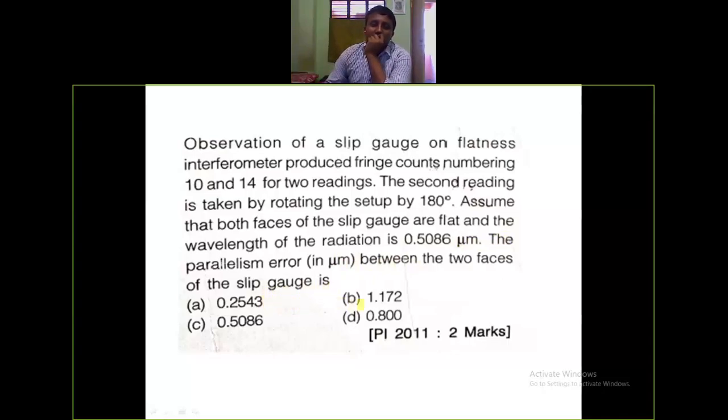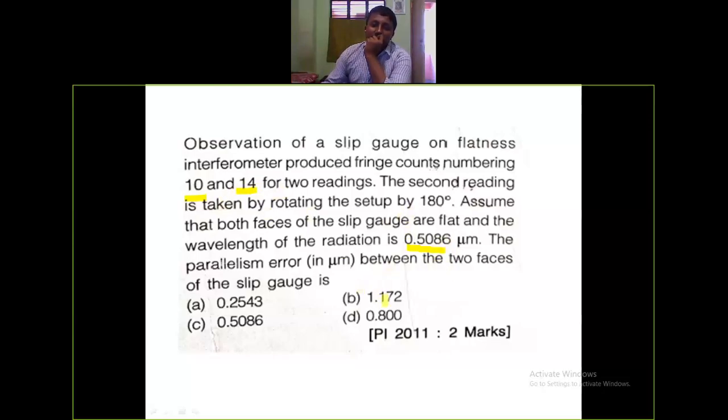You have to find which option is correct. Parallelism error is given by (n2 minus n1) divided by 2 into lambda by 2. Here n2 is 14, n1 is 10, so (14 minus 10) divided by 2 into lambda value 0.5086 divided by 2.